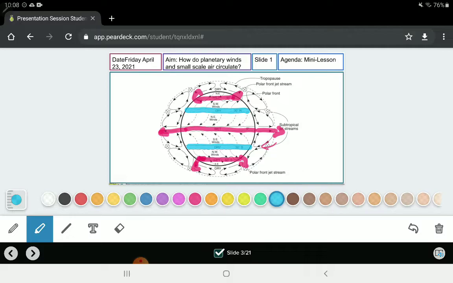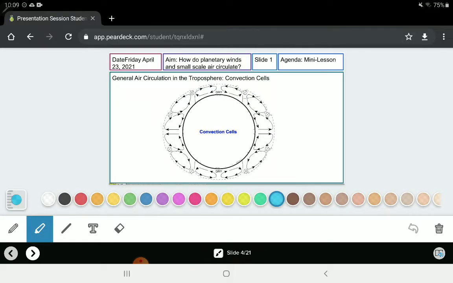So we get these circulation systems where that cool air moves across the Earth's surface. Here again, that air is going towards the Earth's surface, and we get these little convection cells all up in our troposphere. There's a lot of stuff going on. The name for these is convection cells.